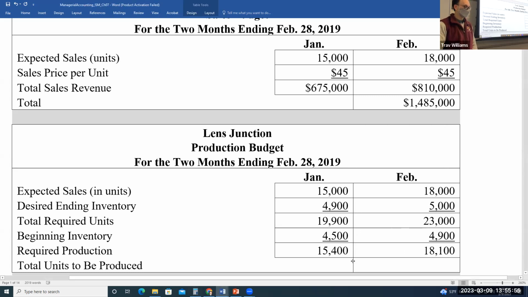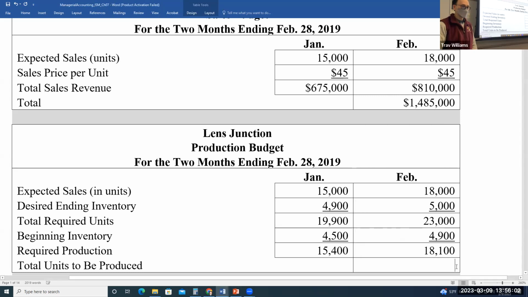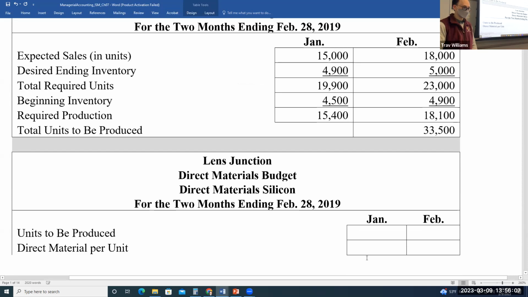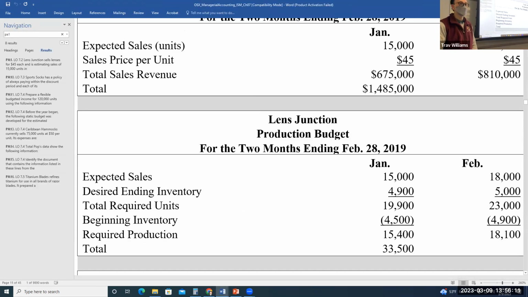And we can add together required production for both months. So that looks like 33,500 is the total we need to produce for those 2 months. Check that as well. Okay, good.